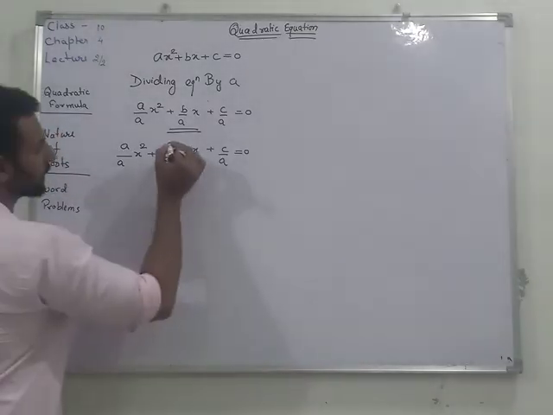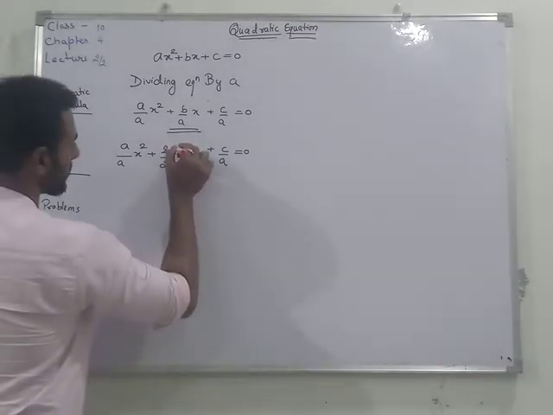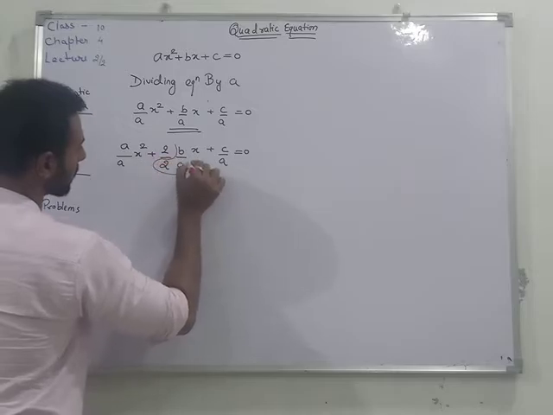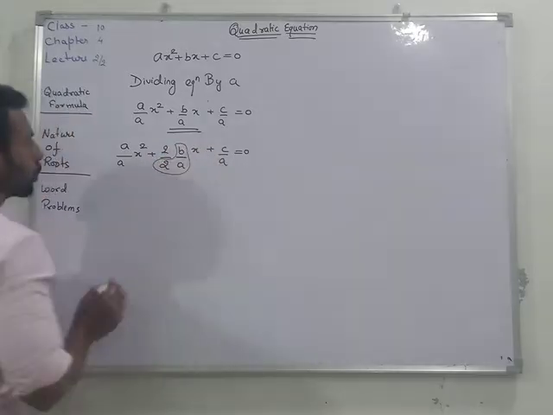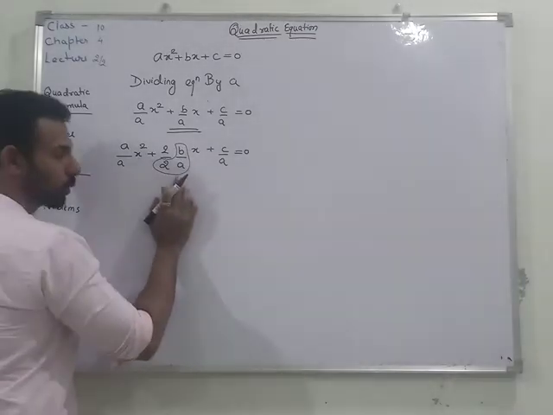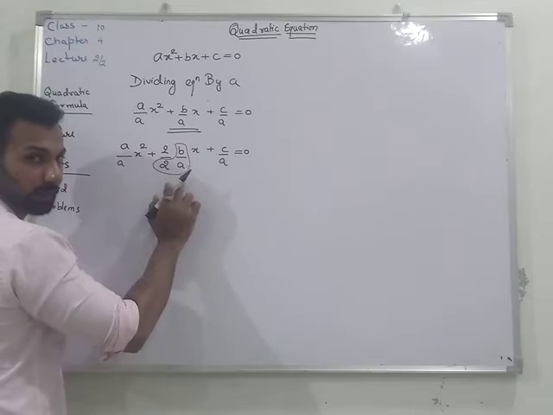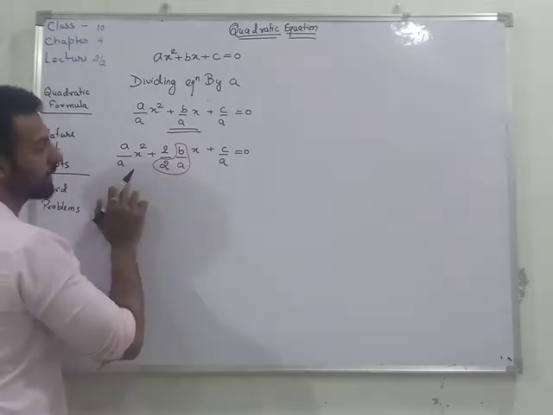Now we can see this b by a into 2. I am taking the square of this term, adding and subtracting this term in this equation.